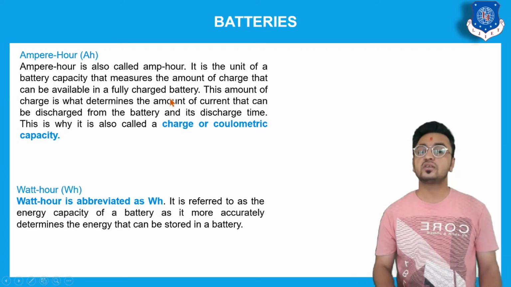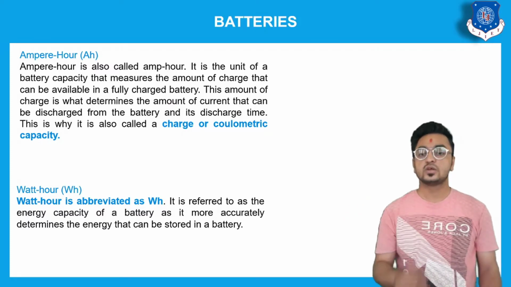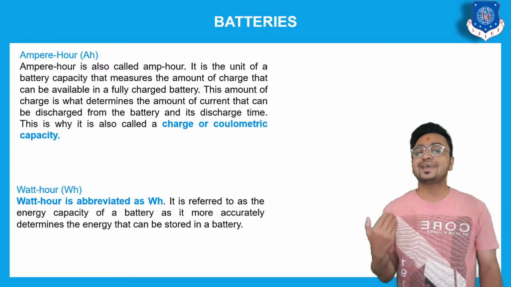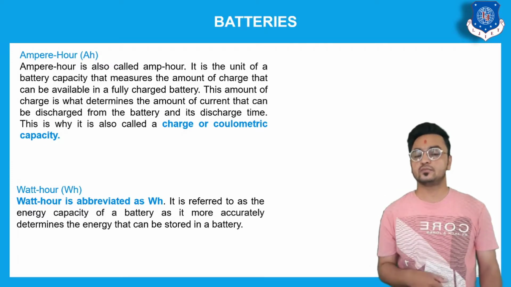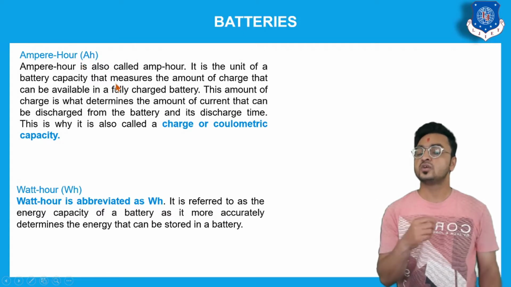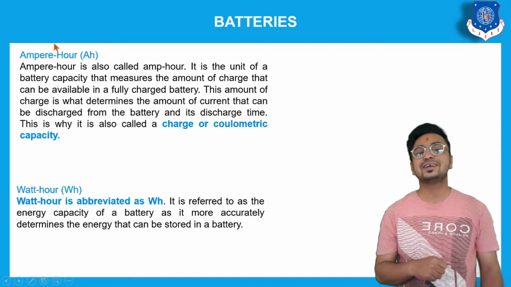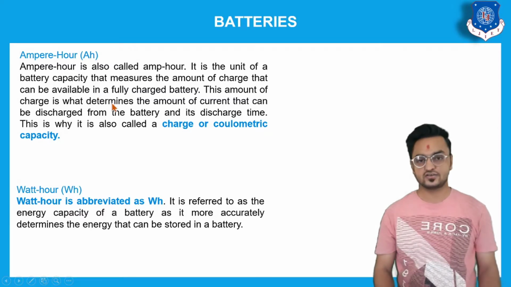We know the relation between charge, ampere, and time. So I is Q by T, charge per time. So here we have a term I into time, current into time. If you multiply current into time, that provides the charge. So basically this parameter is defining the charge.